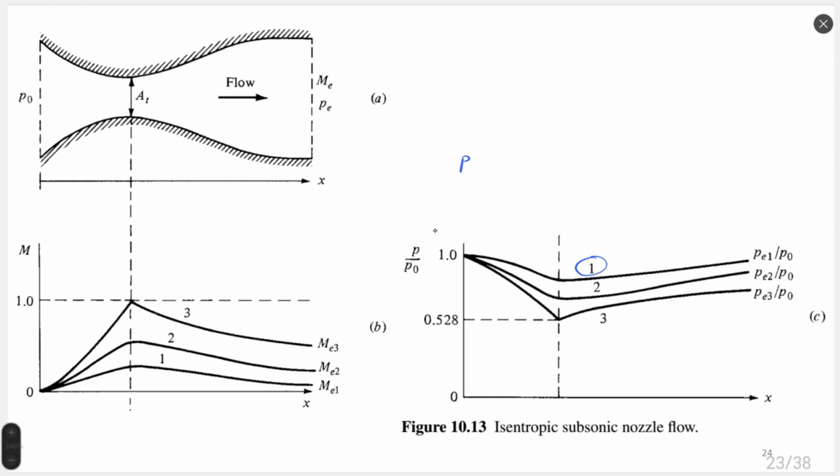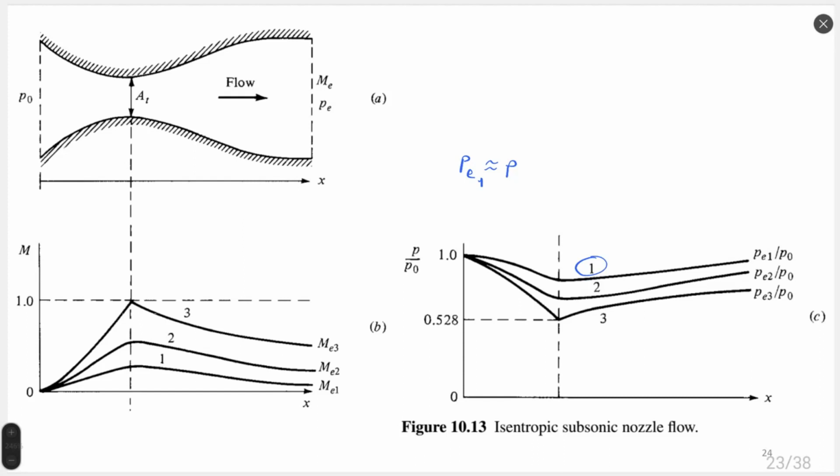PE1, the pressure at the exit in case 1, is very close to the initial pressure P. Smaller, yes, it's smaller, but it's close.